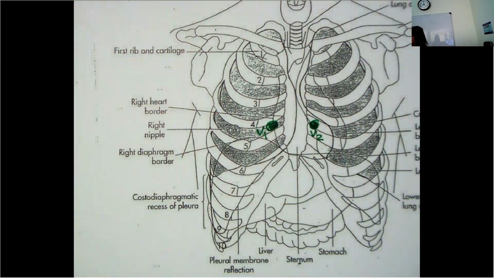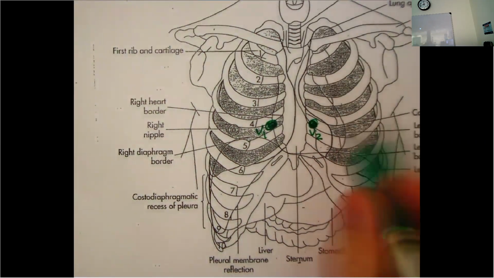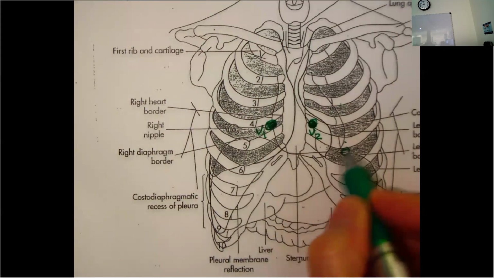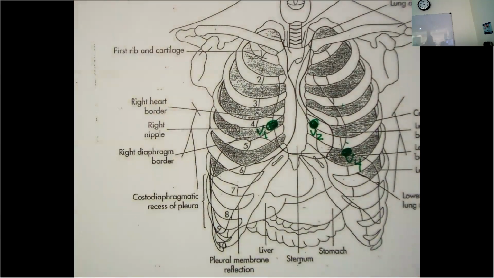Okay, and then what do I do next? V4, mid-clavicular, fifth intercostal space. So middle of the clavicle, fifth intercostal space, V4. And then 3 goes in between.